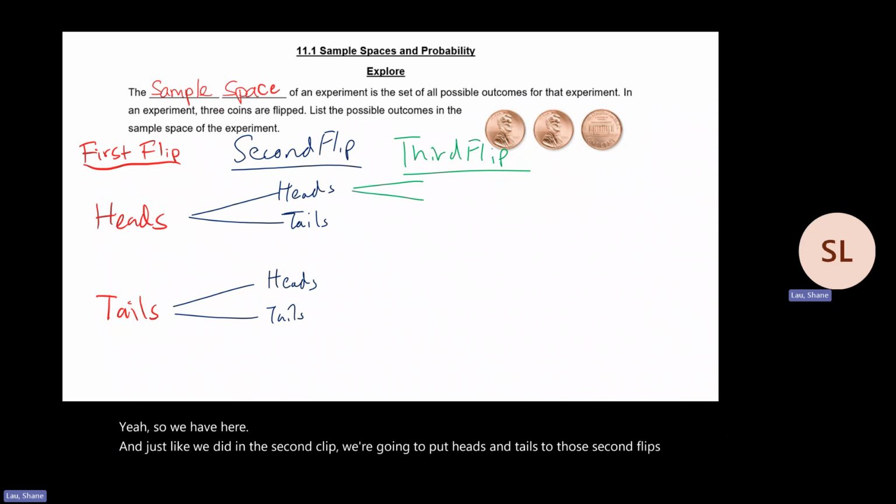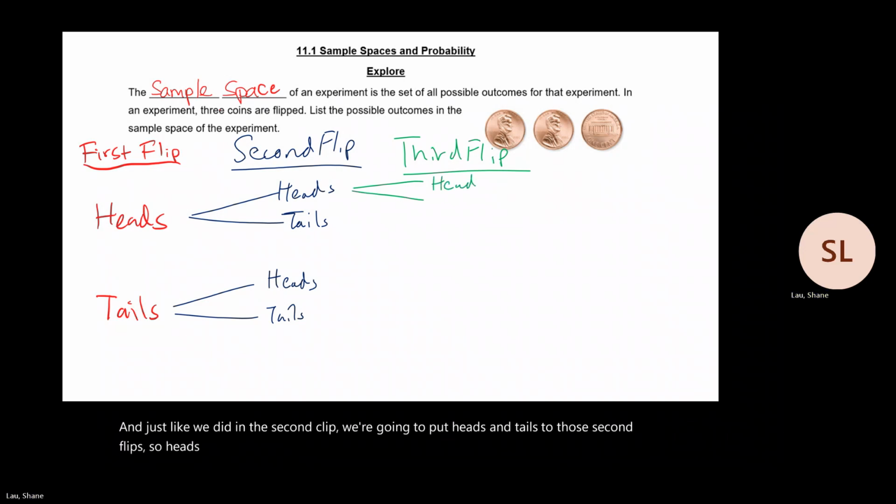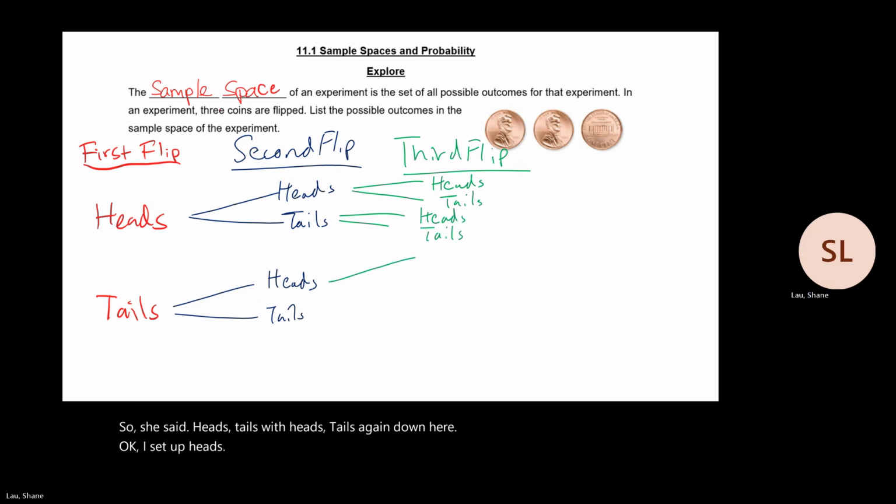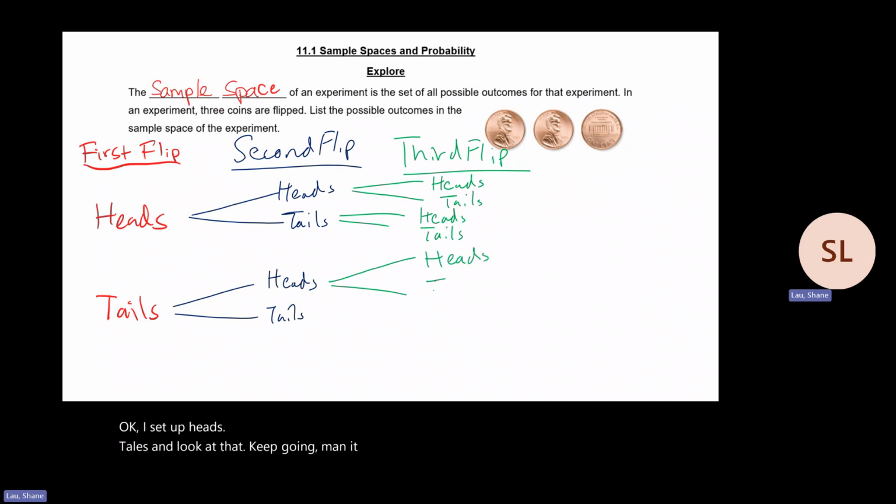So heads, tails, heads, tails, heads, tails again down here. Man, I can't spell, I'm messing up. Heads, tails. And look at that. Keep going. It can get a little time consuming, a little energy consuming too. That's okay for right now.